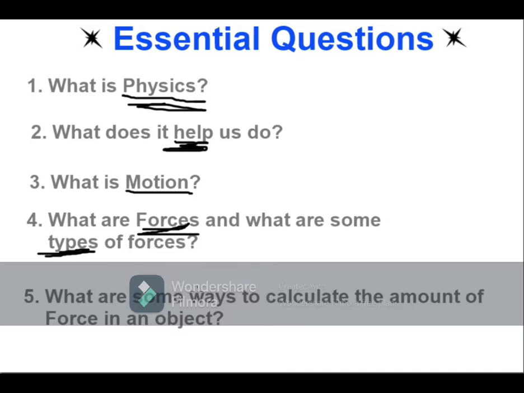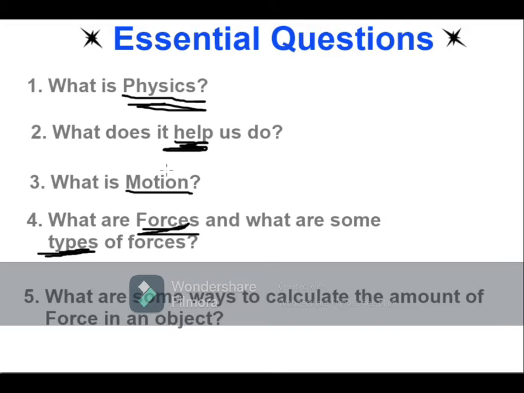Okay, so next question. What are some types of forces? Some types of forces are contact and non-contact, as I said before, but non-contact forces have more subsections within them, like gravity, and contact forces have subsections too, like friction.